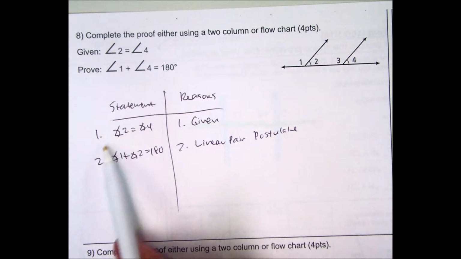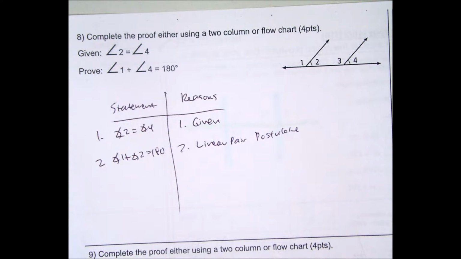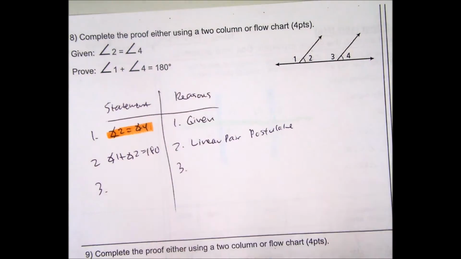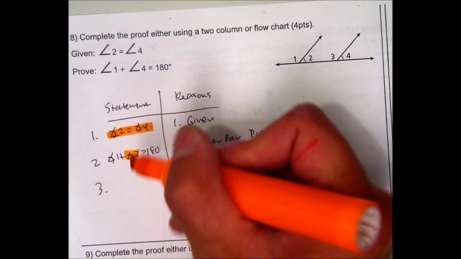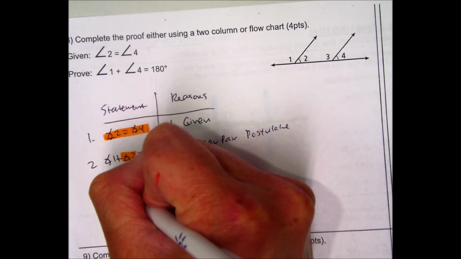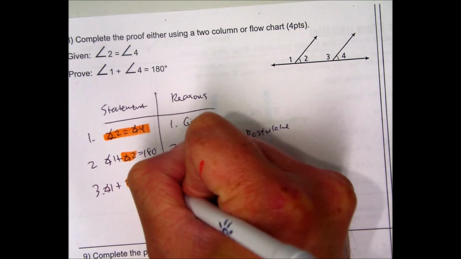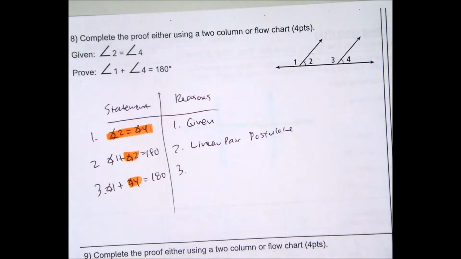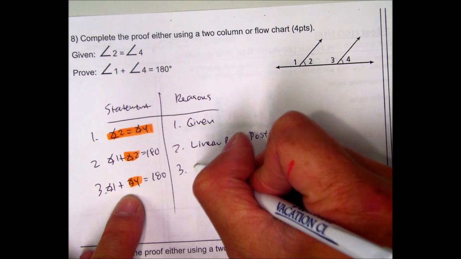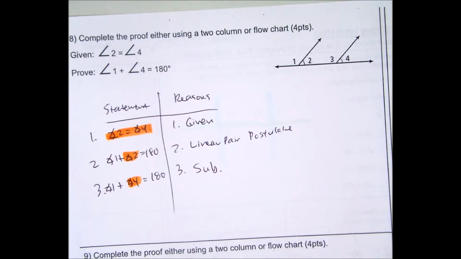Do you see anything that's the same in both of those? What is it? I see a 2. Every time you see 2, write 4. There's a 2. What am I going to write? 4. Angle 1 plus angle 4 equals 180. What am I doing there with the different colors? We're doing a substitution.